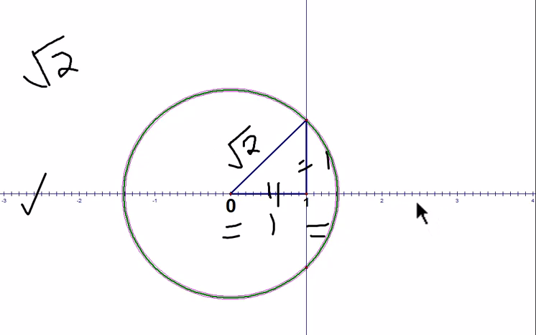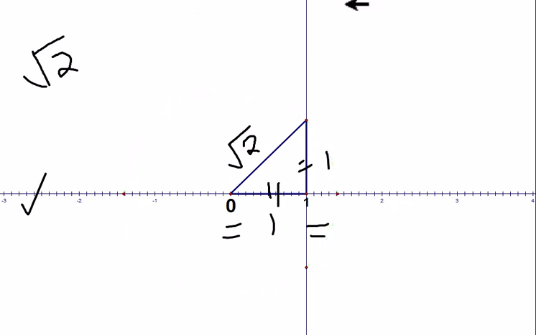And the intersection of this circle and the line would be the point square root of 2. So we can just go ahead and mark this point here as square root of 2 on the number line. So we got square root of 2.